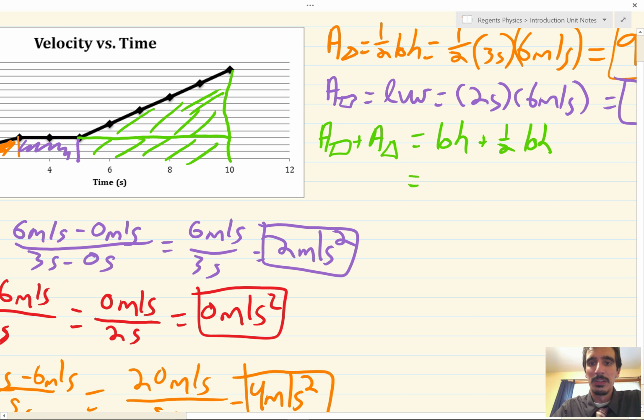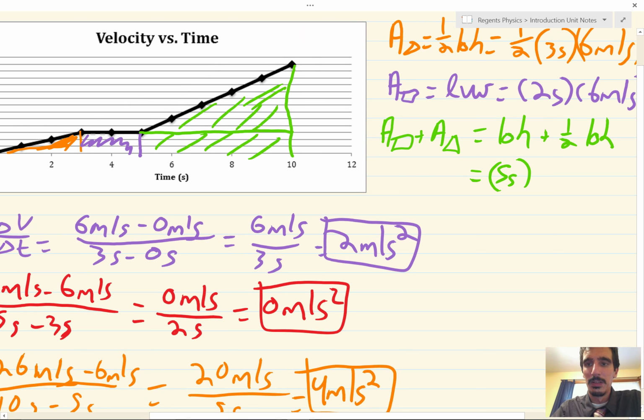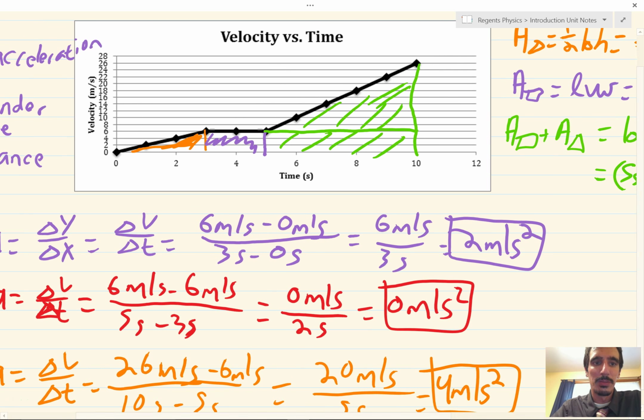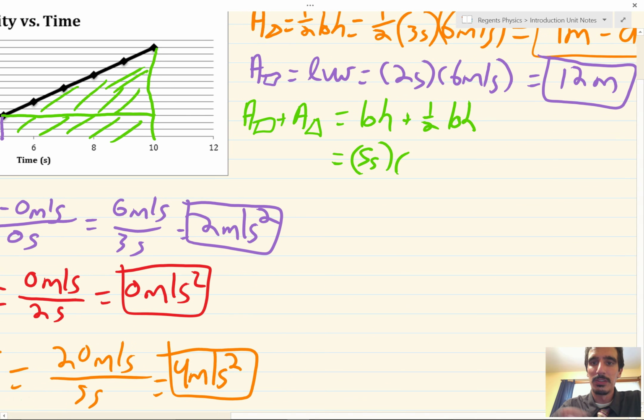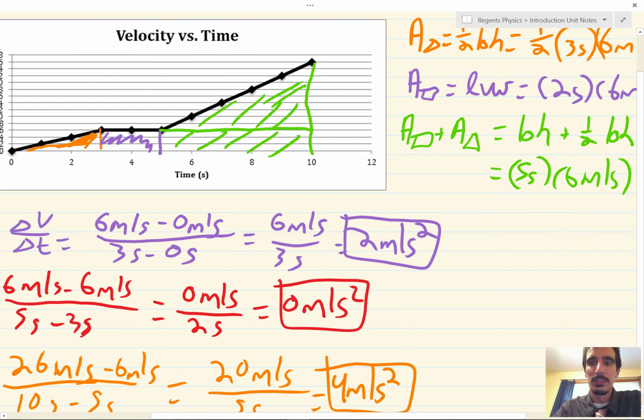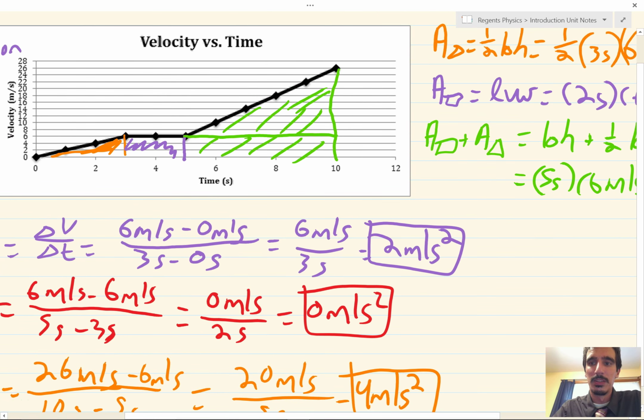Rectangle first, again, 5 to 10, so 5 seconds. And the height goes up to 6 meters per second. Plus 1/2, now we're looking at the triangle. The base is still the same, 5 seconds. Sorry that my 5's and S's look the same. We'll try and work on it in the future.